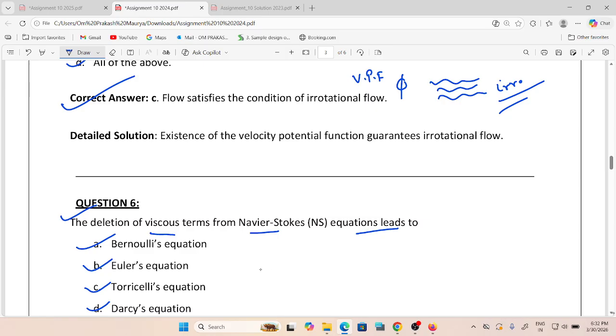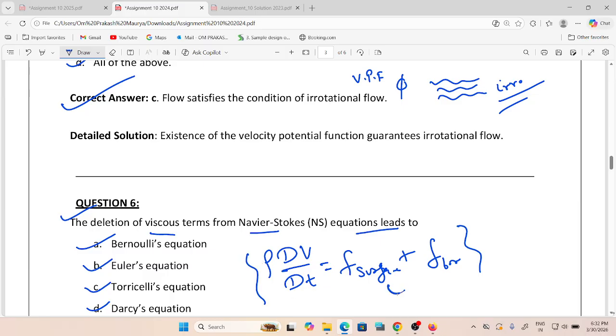So what was your Navier-Stokes? Del V by dou T plus your surface force and plus body force. So within this surface force, you have the viscous force also.